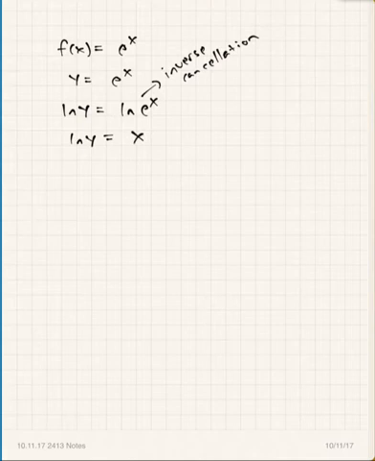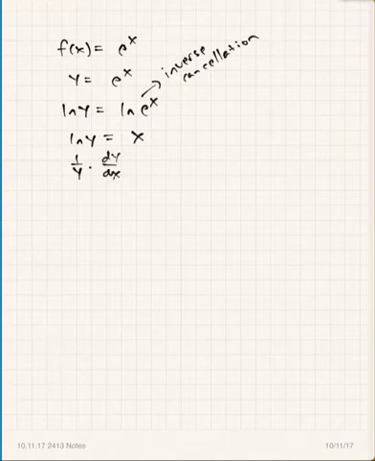So now differentiate both sides with respect to x, and you have chain rule on the left side. So that's 1 over u times u prime, or 1 over y times dy dx. That's our chain rule. Derivative of the outside times the derivative of the inside equals the derivative of x, which is just 1.